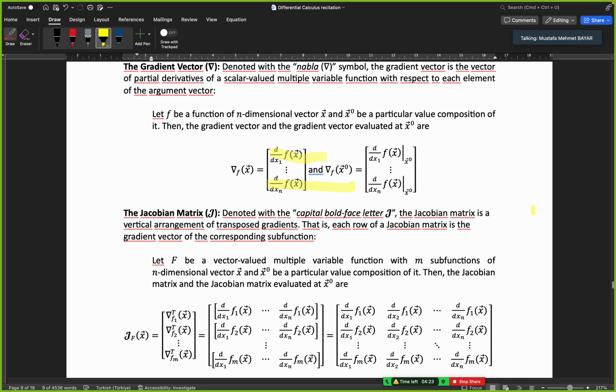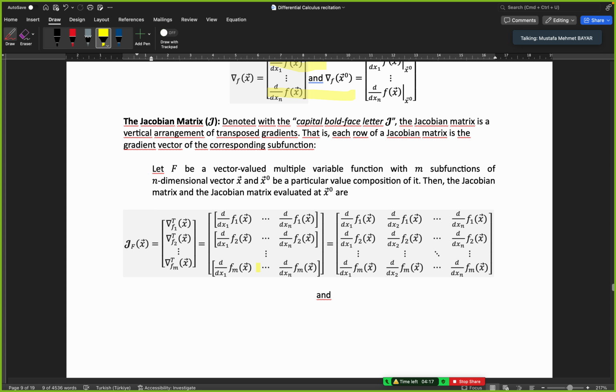And the Jacobian matrix, on the other hand, is the first order derivative information for vector valued functions, which is the transpose of gradient vectors arranged in a list. That's it. So you can just see that.